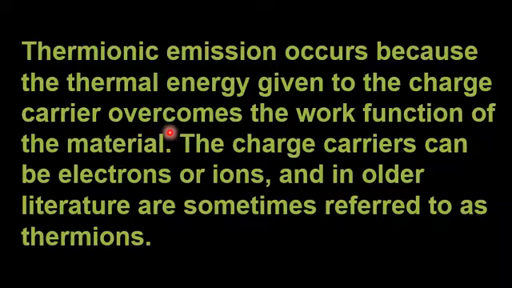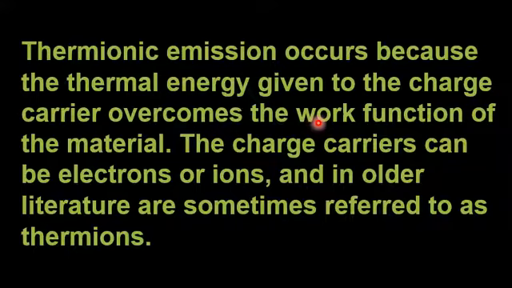Dear student, the reason for the emission of charged ions or electrons from the surface of metal is quite simple. Please note that the electrons reside on the surface of the metal. So electrons which reside on the surface of the metal have a certain work function.